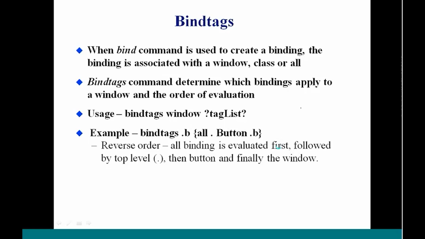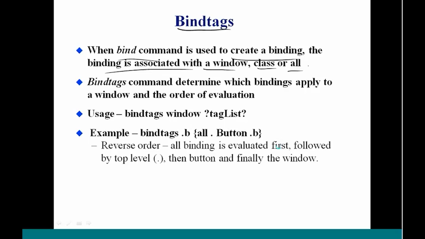Now we also talked about bind tags. The bind tags command determines which bindings apply to a window and the order of evaluation. A bind command itself is creating the binding, and then the binding is associated usually with a window, a class, or all.